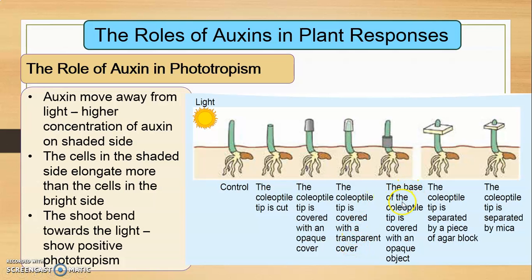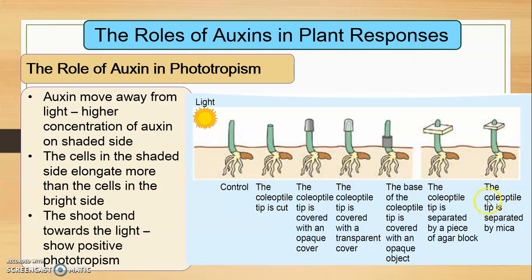Then the base of the coleoptile is covered with an opaque object. Bahagian bawahnya diletakkan dengan lapisan objek yang opaque ya. The coleoptile tip is separated by a piece of agar block. Coleoptile ni dipotong dan diletakkan agar block in between.